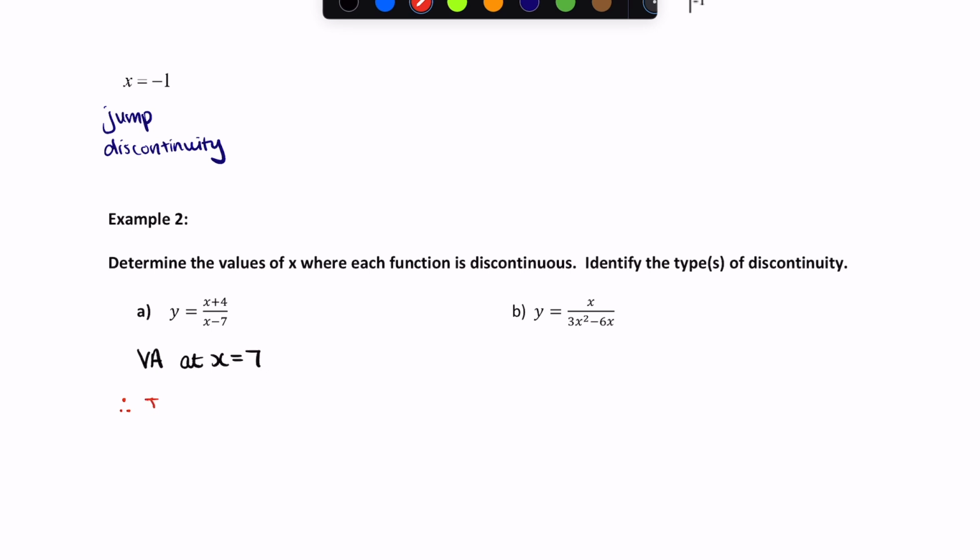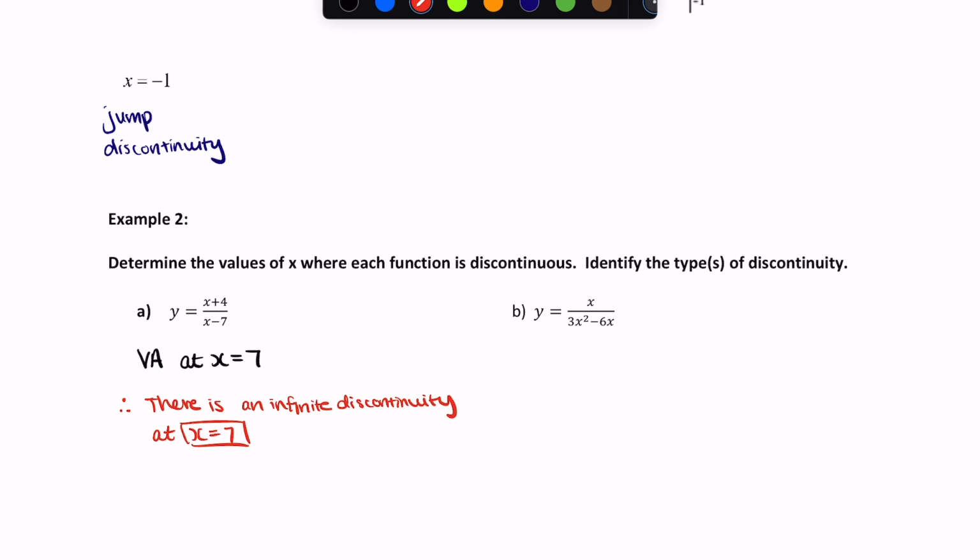So here we write there is an infinite discontinuity at x is equal to 7.